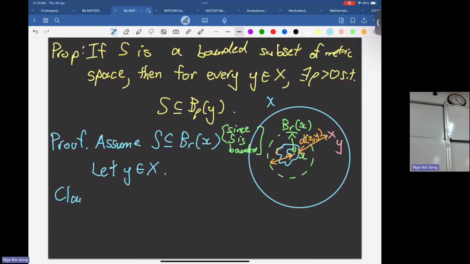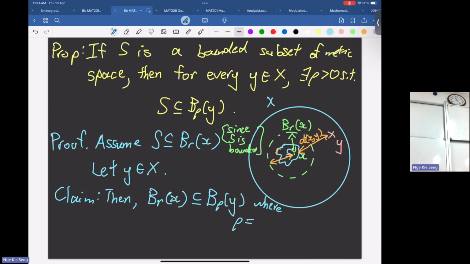Our claim is that the ball of radius R at X is a subset of the ball of radius rho at Y, where rho is what we suggested yesterday, R plus d(x,y). Once we have shown this, S will be a subset of B rho, because S is already contained in B(R, X).